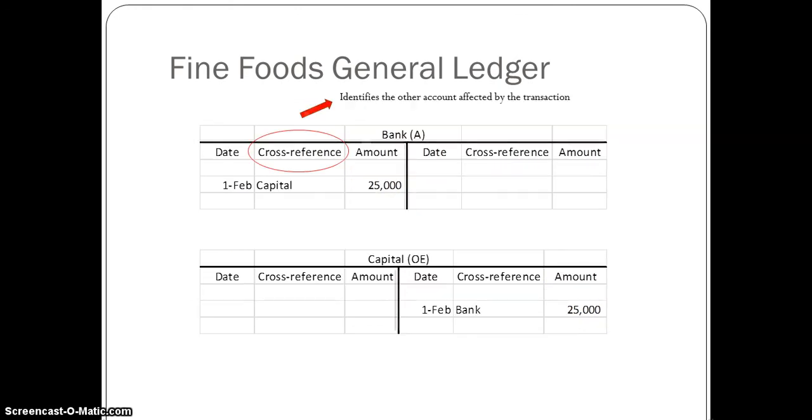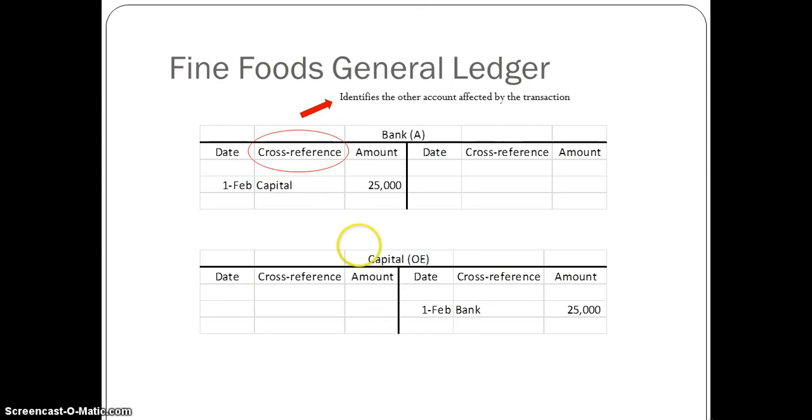Now finally what we need to do is cross-reference the transaction. What the cross-reference does is it identifies the other account affected by the transaction. So our final posting will look like this. We've got the date of the transaction, and the cross-reference: our bank has increased, and the cross-reference is capital, because capital is the other account affected.